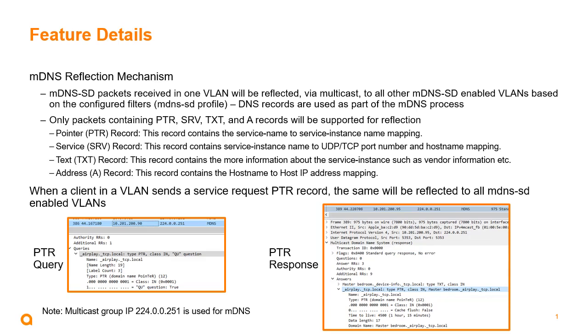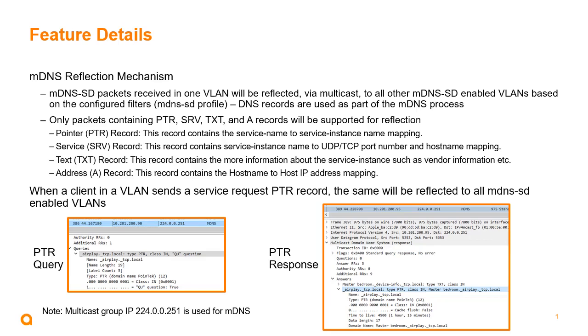So then DNS records are used to communicate. When the request is generated, it's managed by the profile, filtered out if it needs to be, and then if it needs to be reflected, that type of service like the AirPlay service is reflected out to the other mDNS-enabled VLANs, and any devices will honor that request.